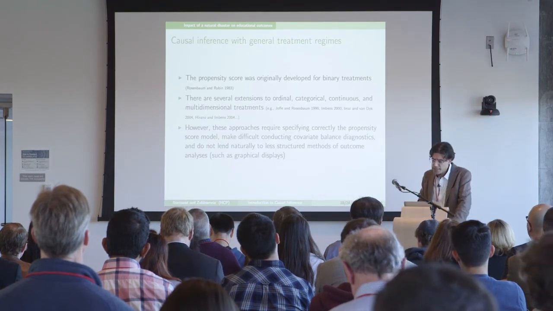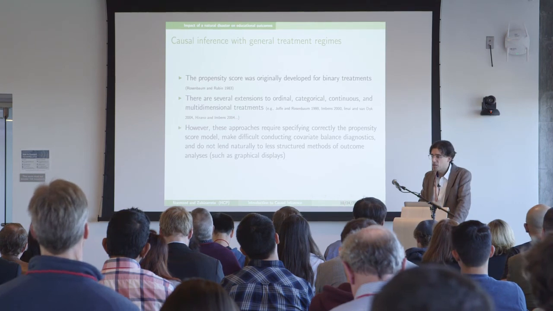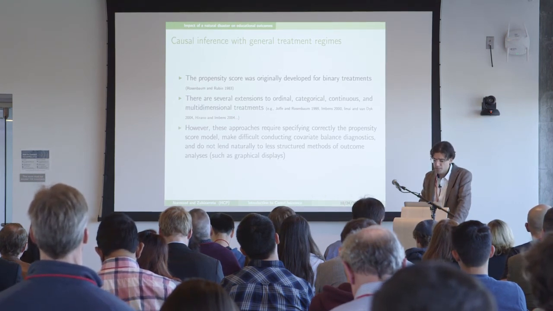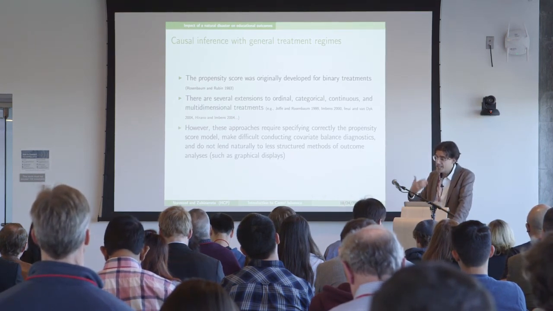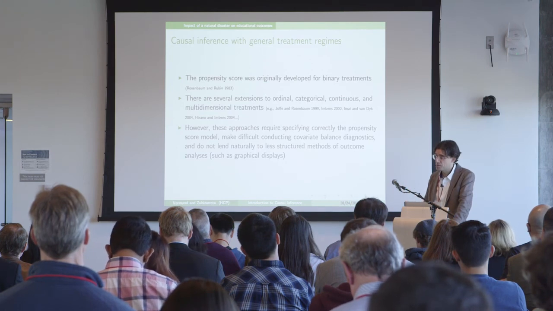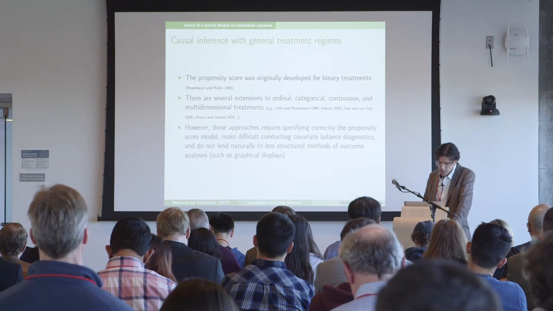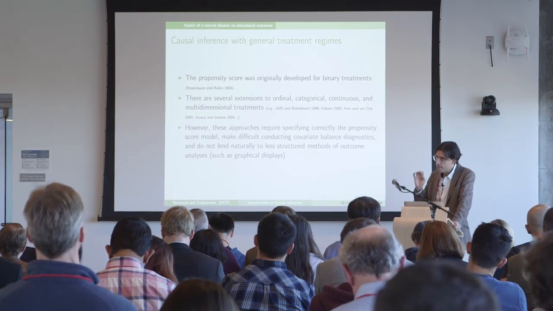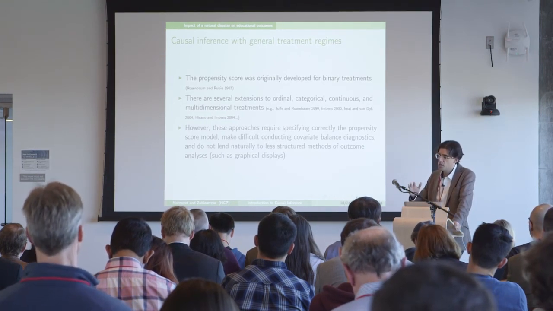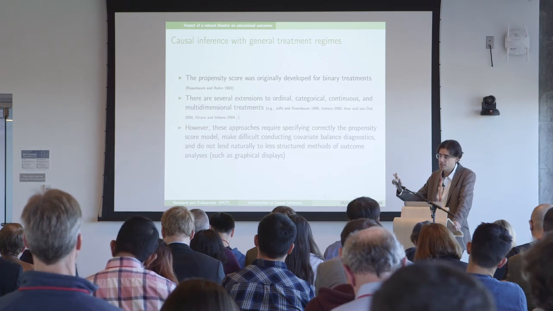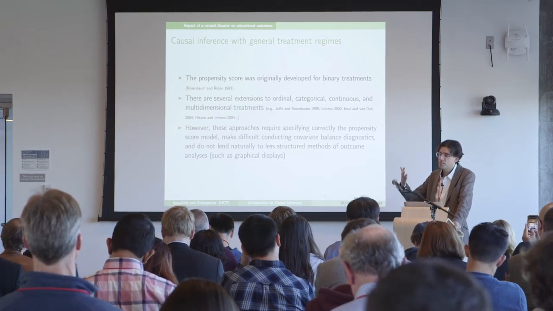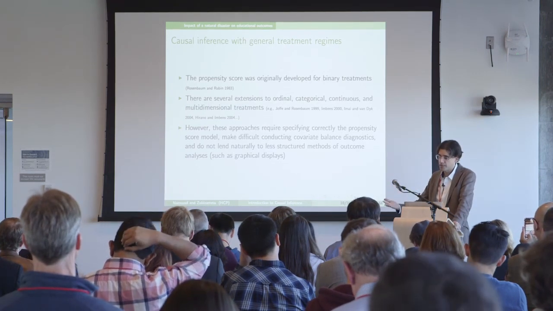And one way to do this would be by matching on the propensity score, or to be precise, a generalization of the propensity score for multi-value treatments. But if balancing covariates was difficult for binary treatments, now with multi-value treatments it's even more difficult. Even checking balance is difficult with multi-value treatments.